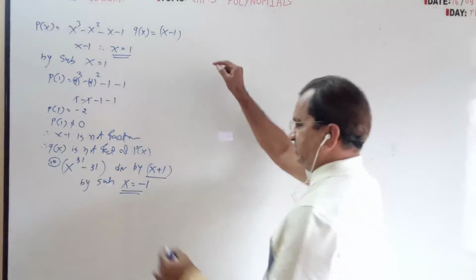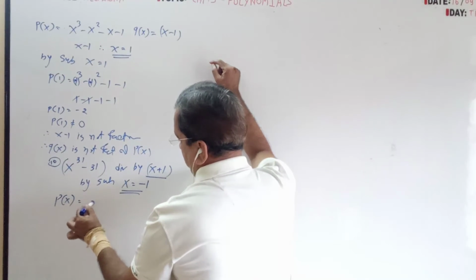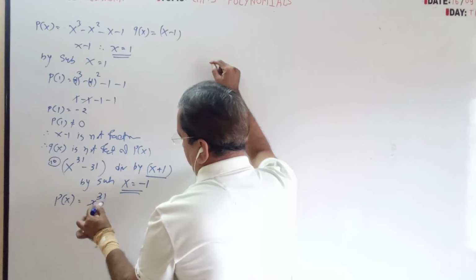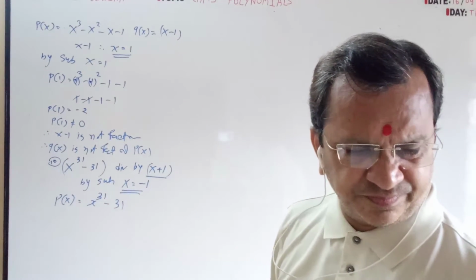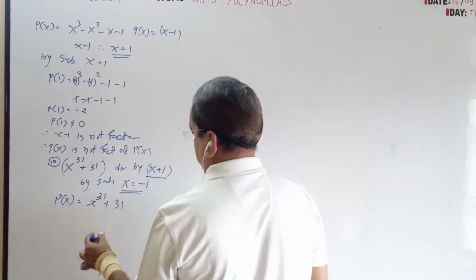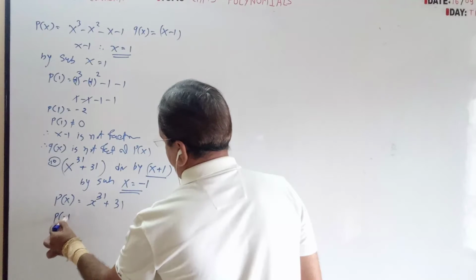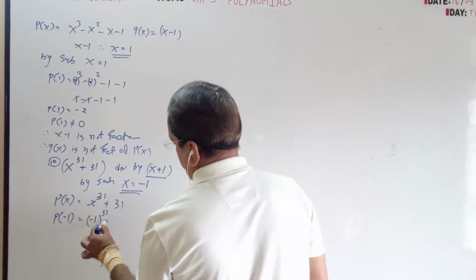By substituting this in P of x, x raised to 31 minus 31 plus 31. So P of minus 1 is minus 1 raised to 31, minus 31.